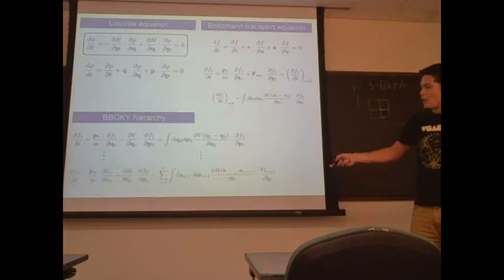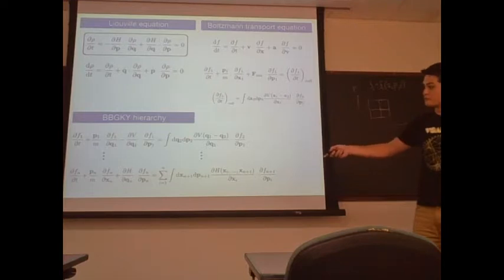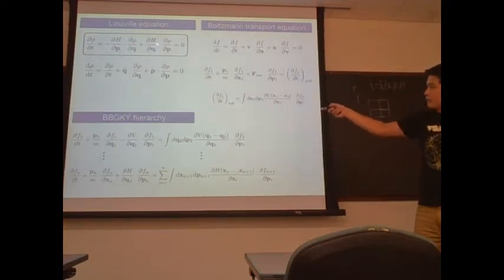Then it goes all the way down to the n-body distribution. Let me rephrase this: each equation depends on the n plus 1 distribution. Let's say n is equal to 2; then it depends on the 3-body distribution. You extend it all the way to n particles for your system, and all these equations together are equivalent to the Liouville equation.